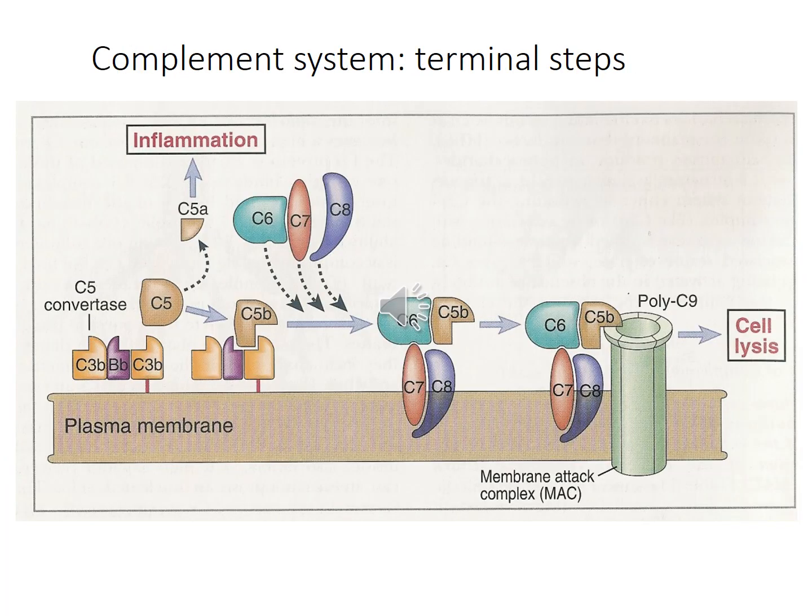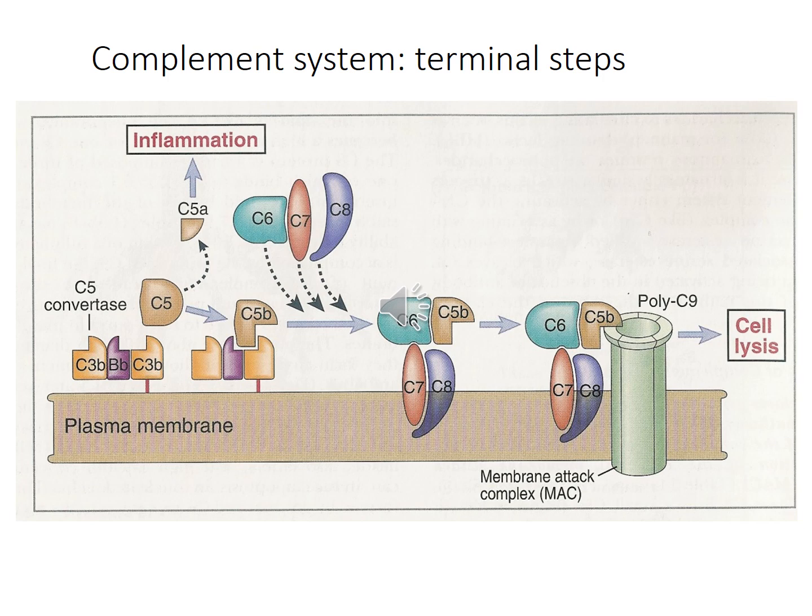So in this picture, we just have a slightly different drawing. Here we start at the C5 convertase and focus on the pore formation. The C5 convertase consists of C3b, which is covalently bound to the plasma membrane of the microbe, and some other proteins.